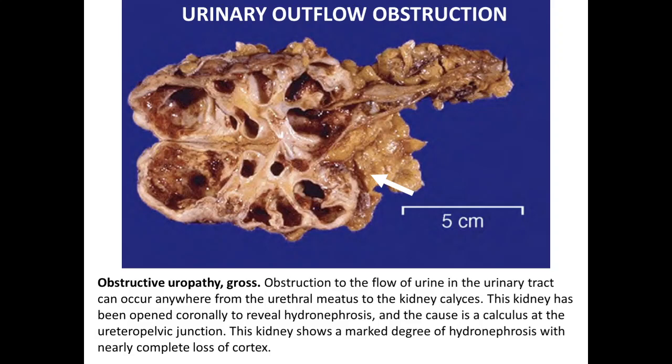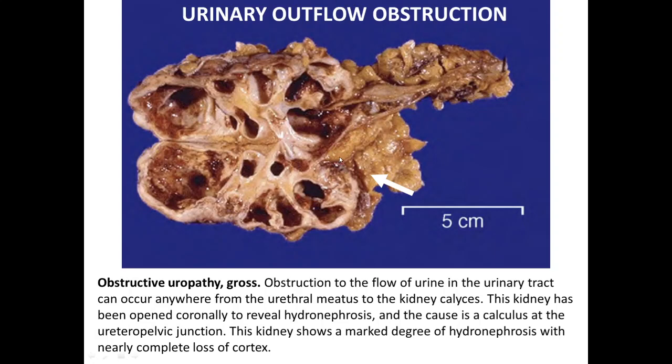Obstructive uropathy grossly looks like obstruction to the flow of urine in the urinary tract, which can occur anywhere from the urethral meatus to the kidney calyces. This kidney has been opened coronally to reveal hydronephrosis, and the cause is a calculus at the ureteropelvic junction, like here.